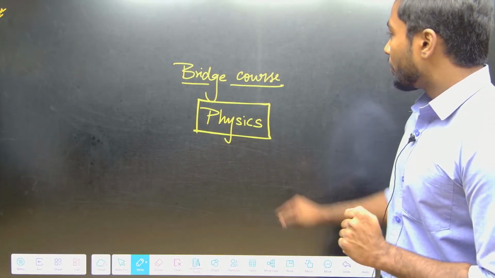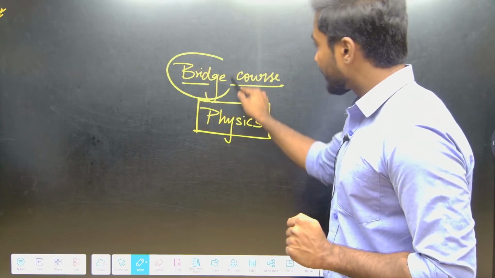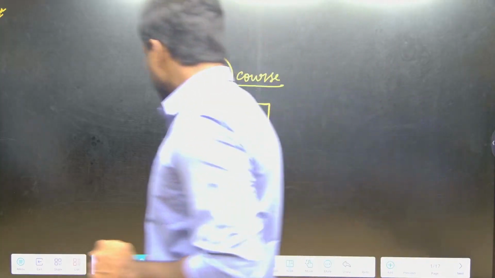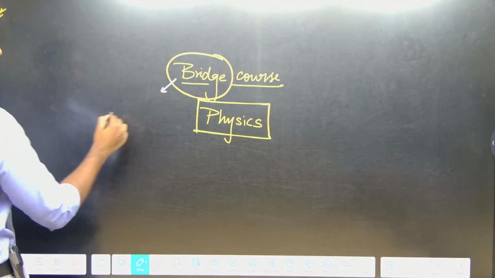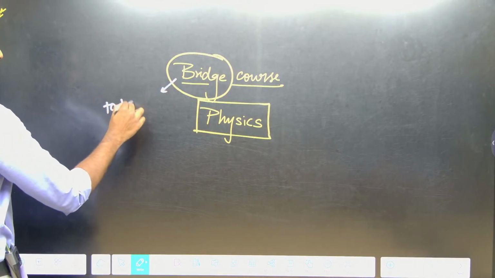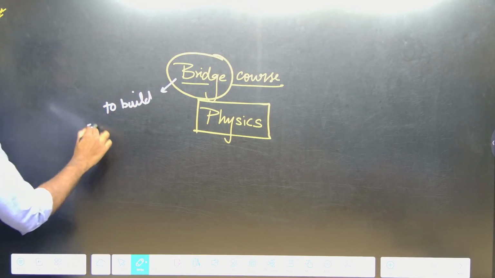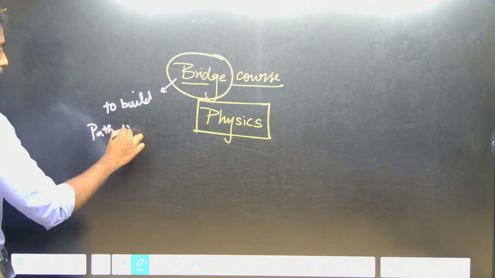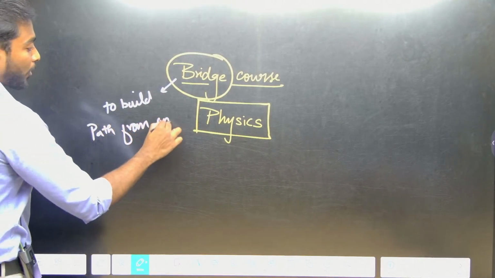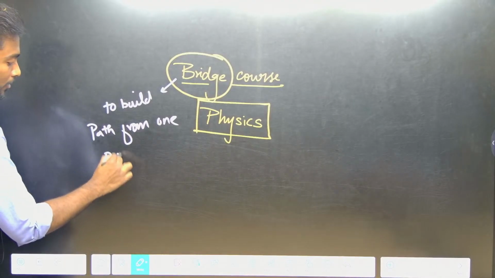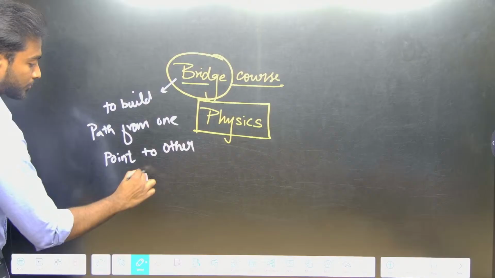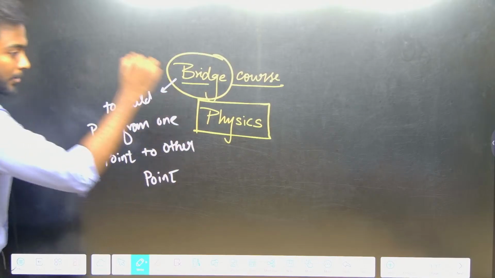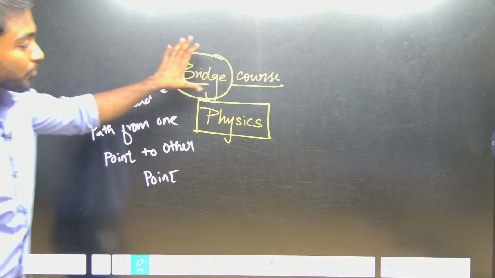So what is the meaning of bridge? Bridge is nothing but to build a path from one point to another point. This is the meaning of the bridge we know.